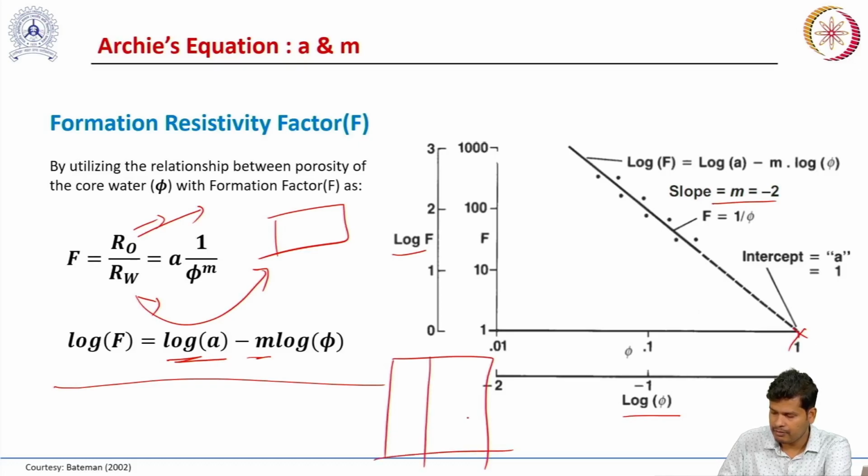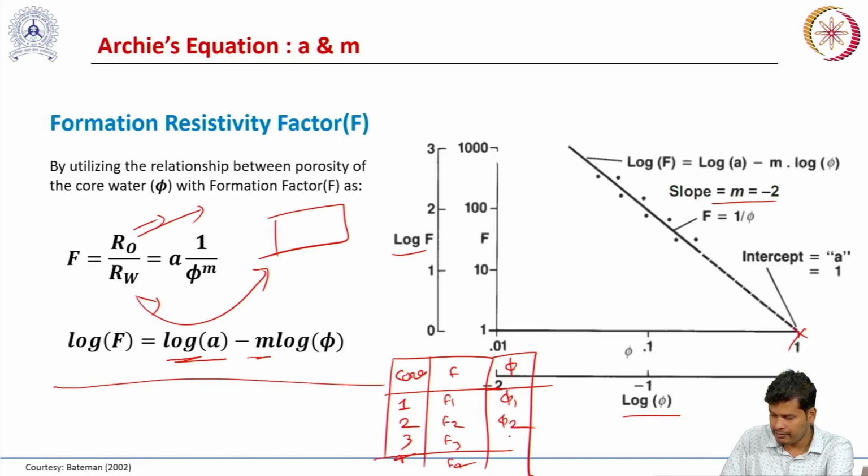So you have different cores, let's say core 1, 2, 3, 4, and so on. You can calculate the values of F, F1, F2, F3, F4, and then calculate the porosity values also, phi 1, phi 2, phi 3, and so on. And then you can do this plotting to calculate the values of A and M.